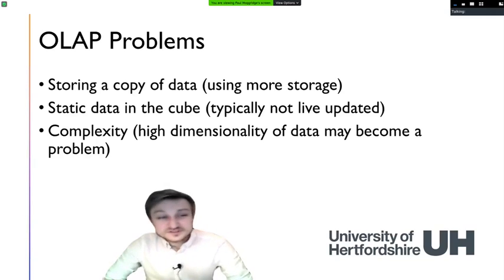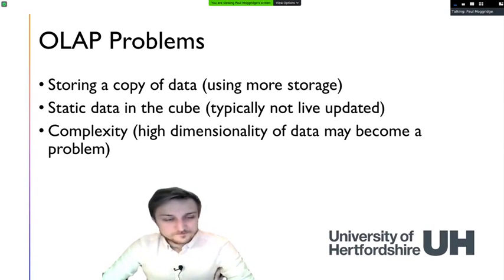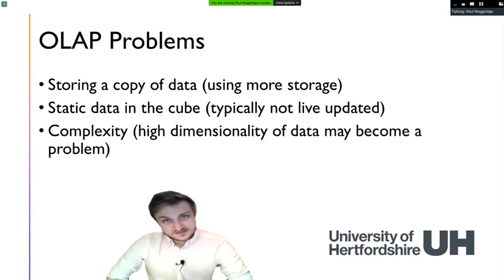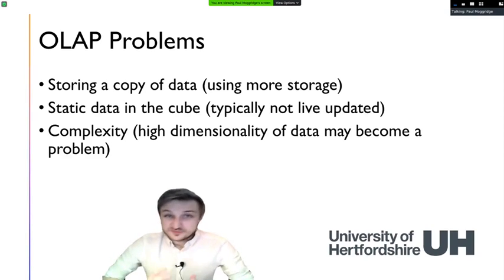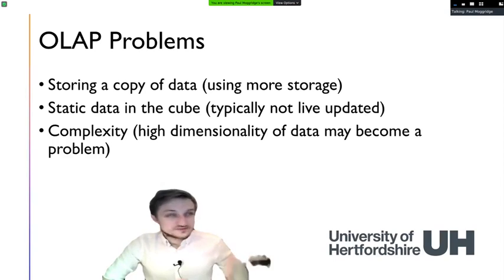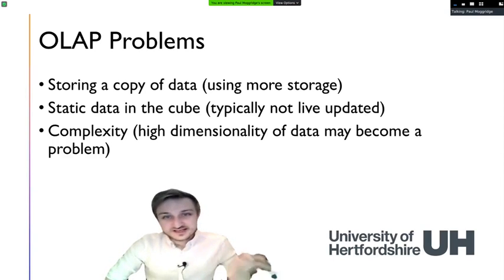The disadvantages of OLAP are that you need more hardware, so you're storing a copy of your data, and you're storing that copy possibly not as efficiently as you could, particularly if you're using second normal form. The data warehouse won't be as up to date as your OLTP operational database. Your OLTP database is receiving updates continuously throughout the day as every purchase or every post is happening.